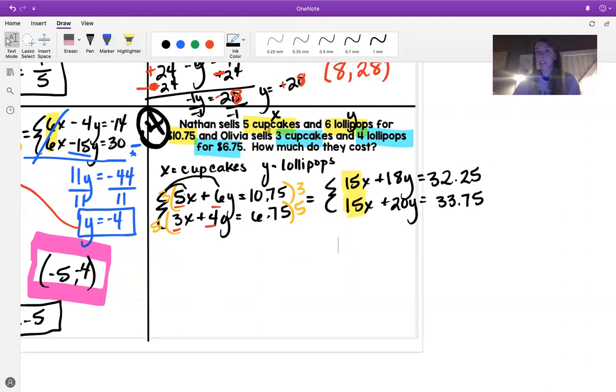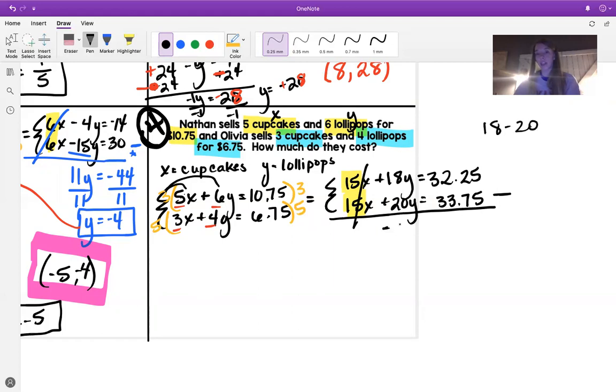Okay, so because they match, they're set up perfectly to be eliminated. All right, so since I have a positive 15x and a positive 15x, we want it to eliminate and equal 0. So a positive 15 minus a positive 15 would cause them to eliminate. Okay, so now we have to subtract the rest of this off to simplify it. I have a positive 18 minus a positive 20.